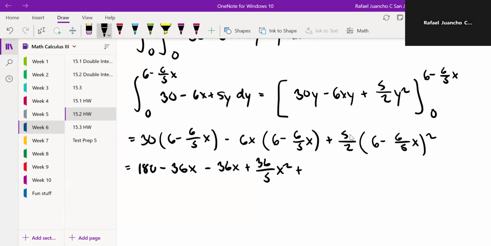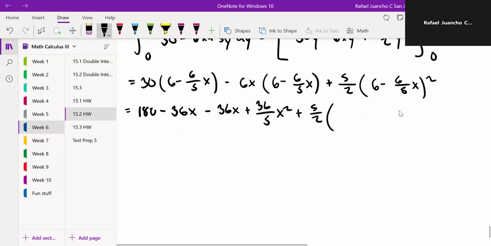Then this one's a plus 5 halves 6, so that's 30 over 2. It's 15. Then this one is minus. Oh, shoot, my bad. I forgot to expand this out.